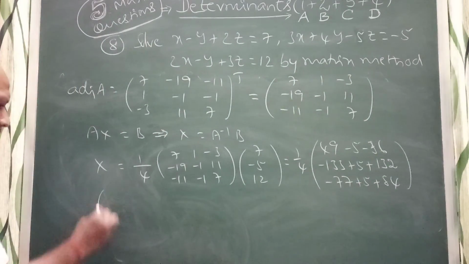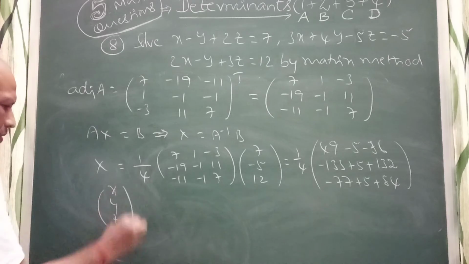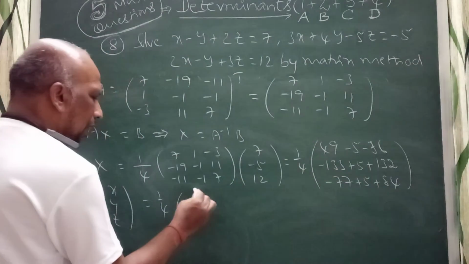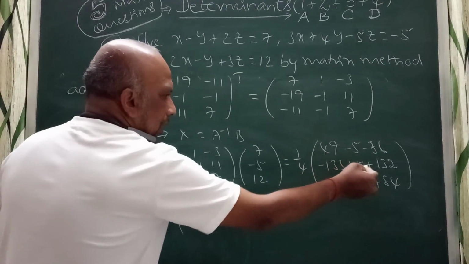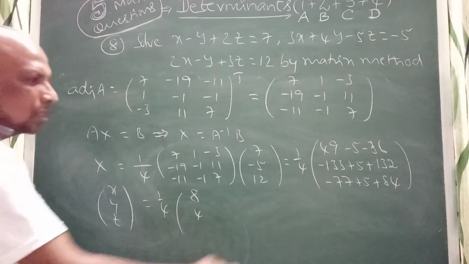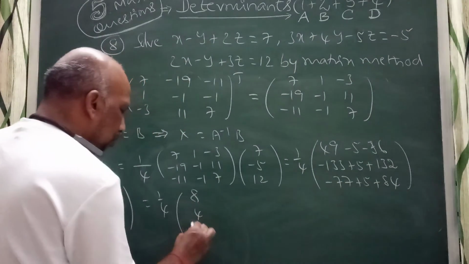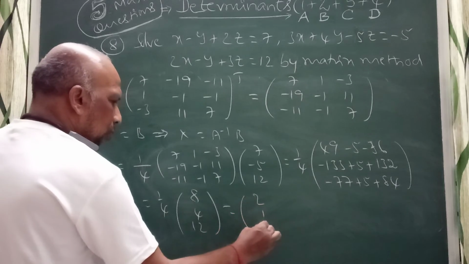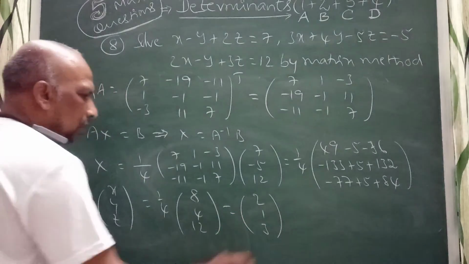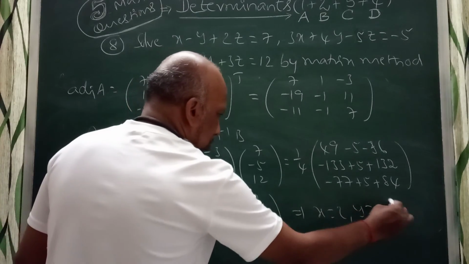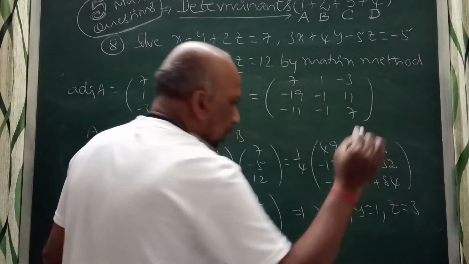Then this X means x, y, z. 1 by 4 into, you can see, 8, 4, 8. This one you will get 4. Correct. This one you will get 84 and 12, multiplied with 1 by 4: 2, 1, 3. X is equal to 2, y is equal to 1, z is equal to 3.